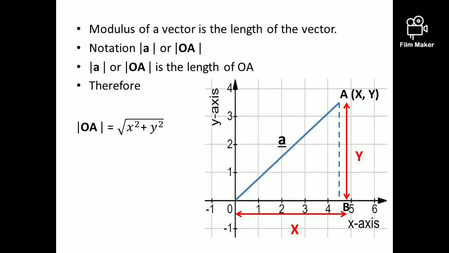You have to be familiar with this notation. Hereafter, when you see this notation, it indicates that you have to find the modulus or the magnitude of the given component.